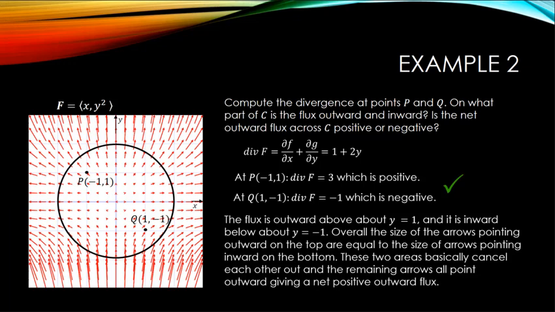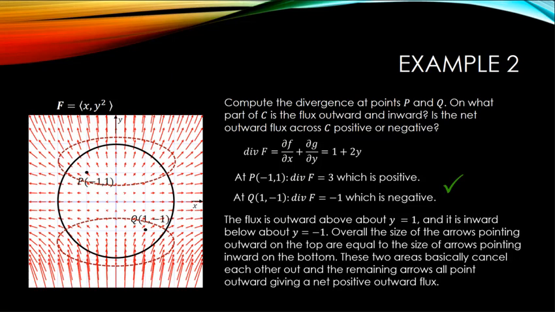Now I want to evaluate the overall flux on my region C. The flux is outward above the line y = 1, and it's inward below the line y = -1. Overall, the size of the arrows pointing outward in this top region and the size of the arrows pointing inward in the bottom region are roughly the same in size.